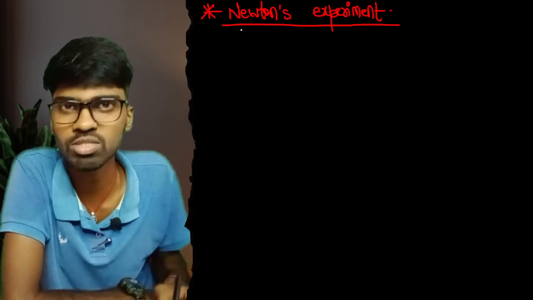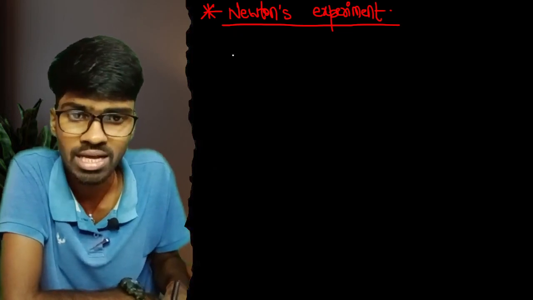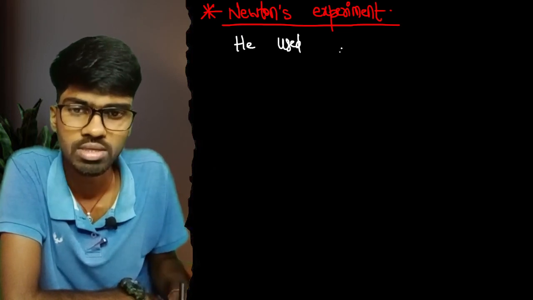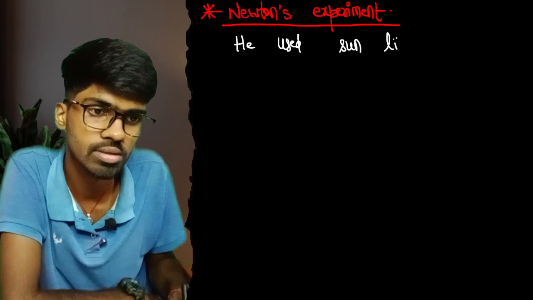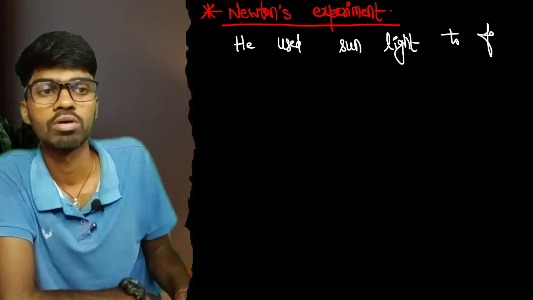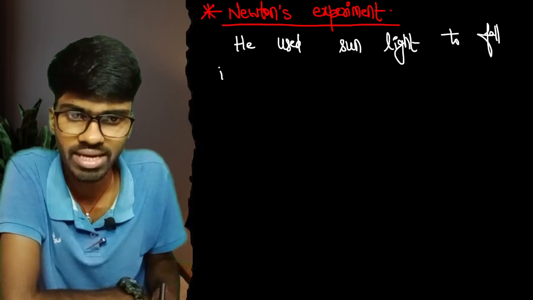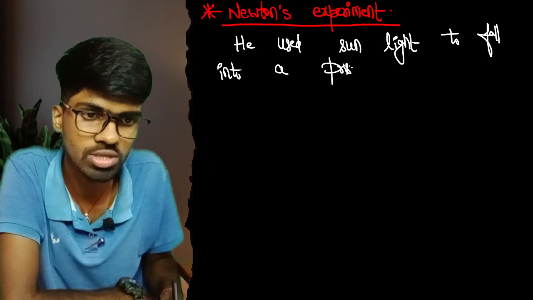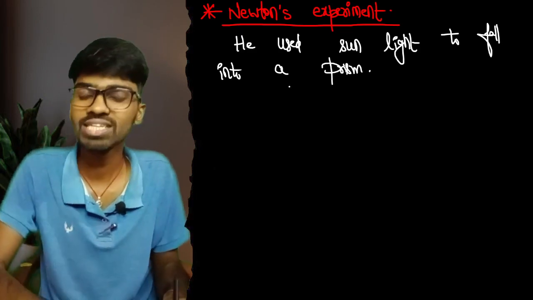So what was that experiment? Let us discuss. He used sunlight to fall into a prism. He used a triangular prism, and let us discuss what he saw.